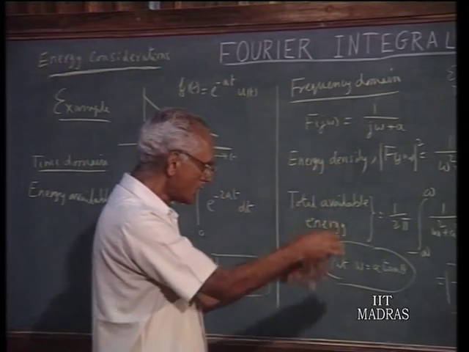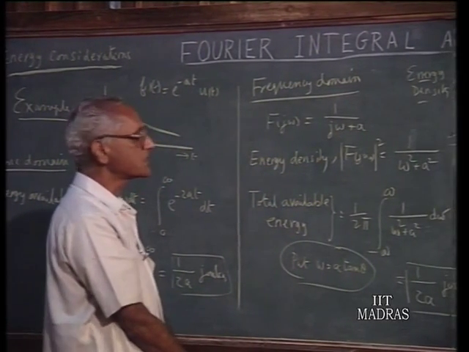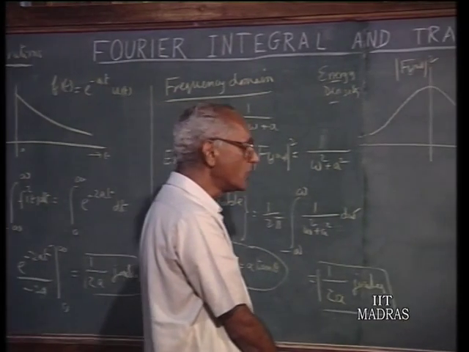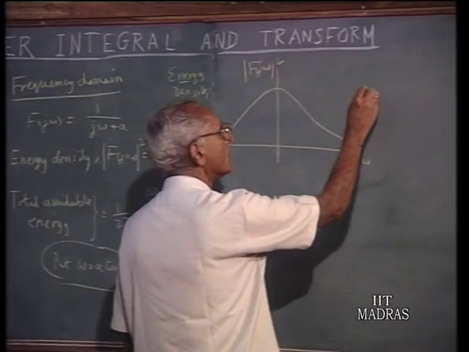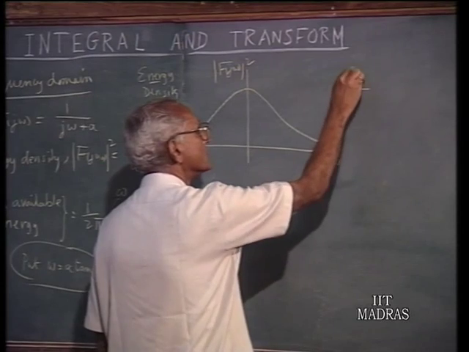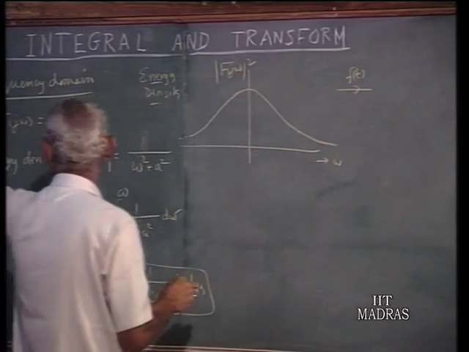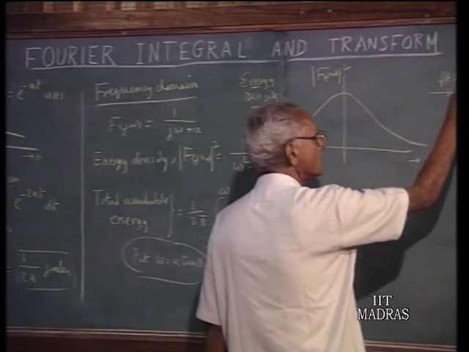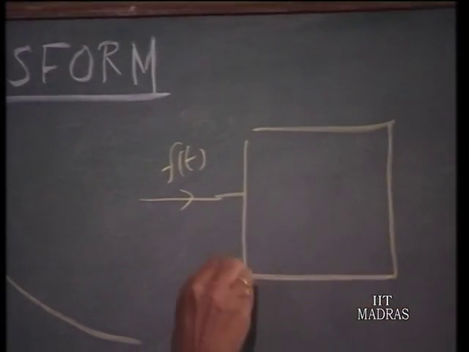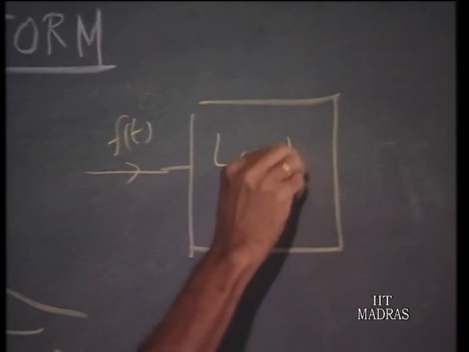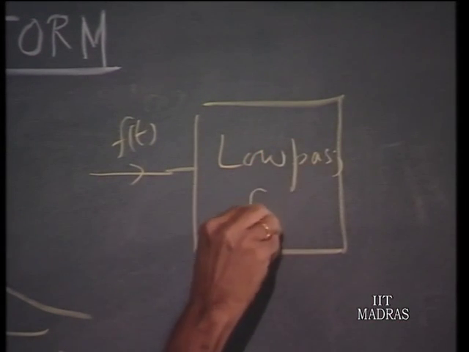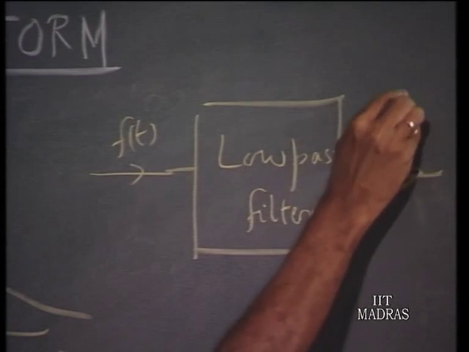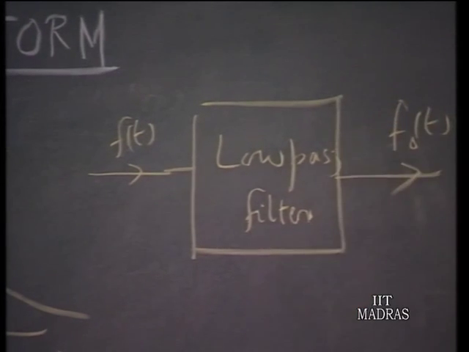Let us see how such a concept can be made use of in practice. Let us assume that this particular f of t, this exponential signal, is put through a low pass filter and we get an output signal f naught of t.